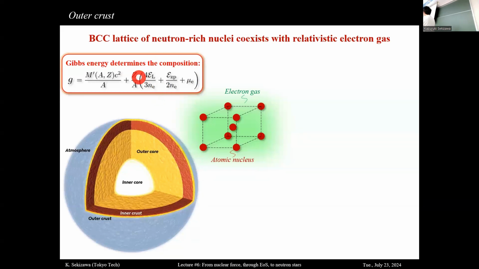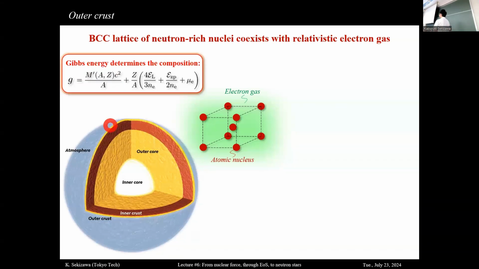This second term here is well known. It is just the energy of the Coulomb lattice and the electron's chemical potential. So the important ingredient of this Gibbs energy is the first term, and this M prime is nothing but the nuclear mass.